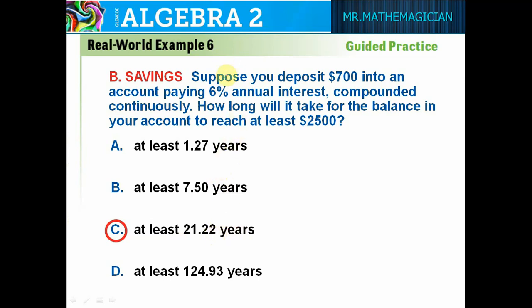Let's see how. Same information, the P is 700 and the R is 0.06 compounded continuously. How long? How long means we need the T. T equals what? How long will it take for the balance in your account to reach at least 2,500 means we need A to be greater than or equal to 2,500.